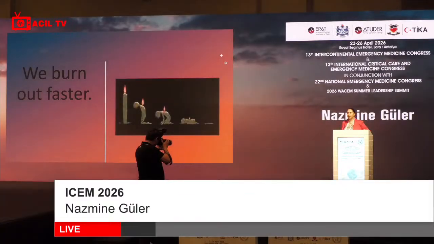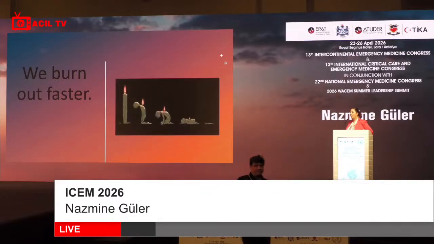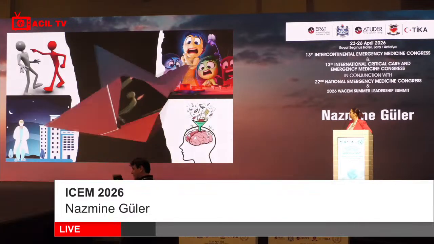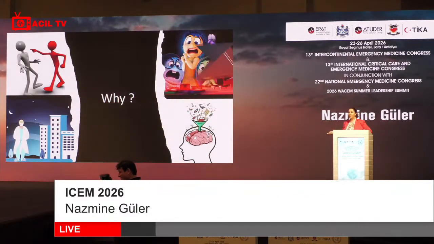The reality is that we burn out faster than the general population because of specific risk factors. And what are the specific risk factors about us? Every emergency physician knows that we have difficult relationships with patients because they are very anxious, very angry, we work night shifts, we have a big emotional load and workload.